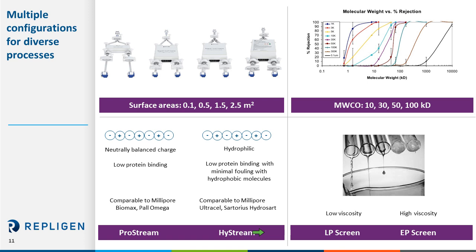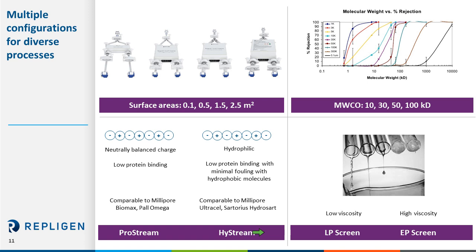CS Gamma is offered in 64 different configurations. Membrane surface areas include 0.1 meter squared, 0.5 meter squared, 1.5 meter squared, and 2.5 meter squared. Larger membrane surface areas can be reached by putting multiple units in parallel. The options for molecular weight cutoff include 10 kilodalton, 30 kilodalton, 50 kilodalton, and 100 kilodalton to cover applications over a wide range of molecules from recombinant proteins, mAbs, and gene therapy.